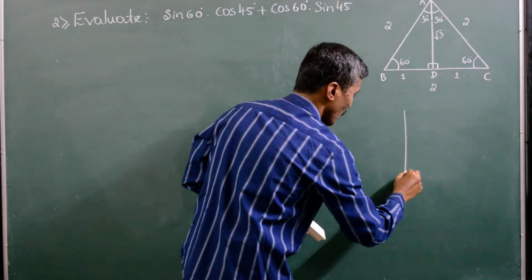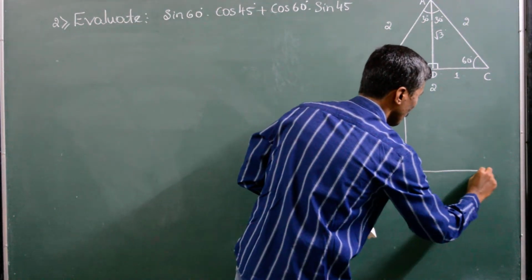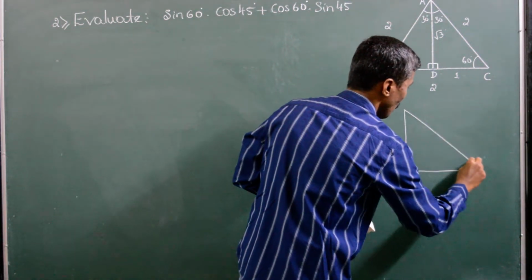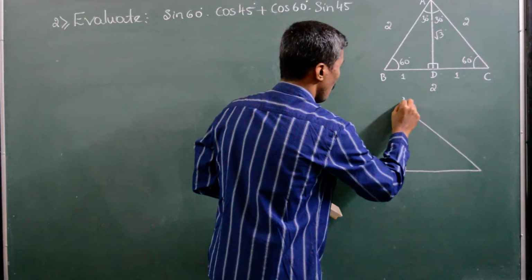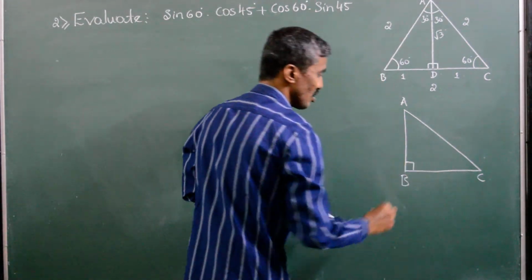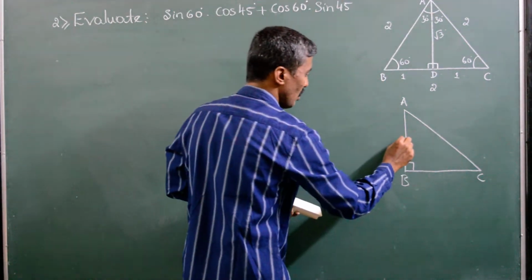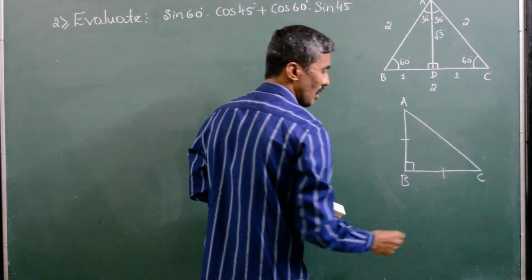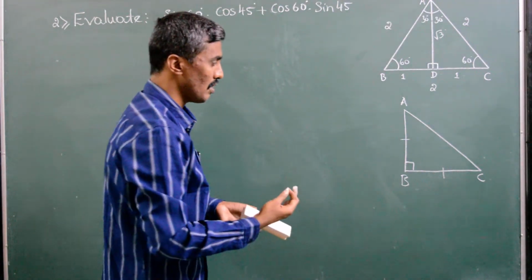So a right angle triangle. Not only an ordinary right angle triangle, it is an isosceles right angle triangle. So you know the meaning of isosceles triangle. Two sides are equal. So here AB and BC, other than the hypotenuse, the two sides are equal.